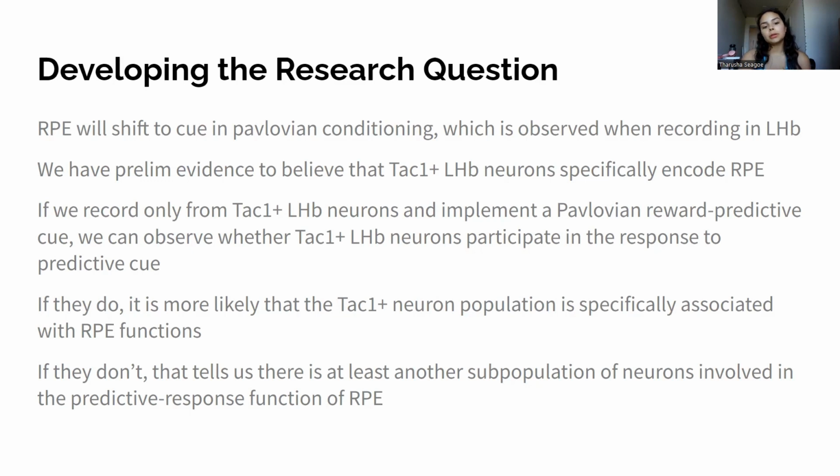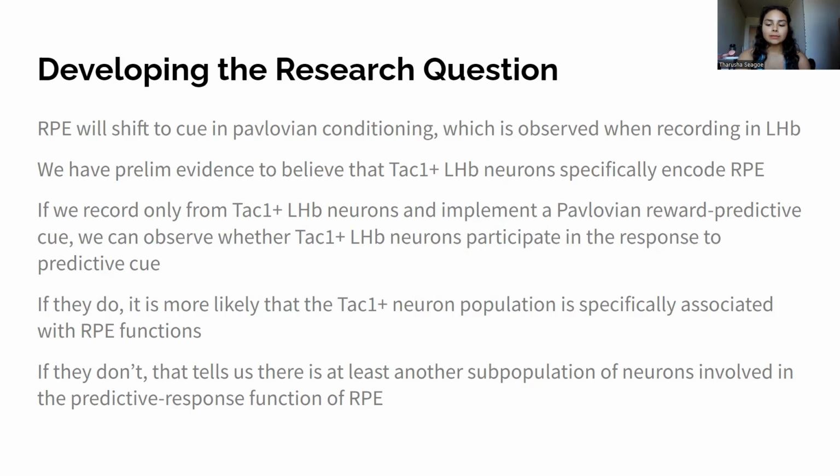So if they do, it would back up the idea that these Tac1 neurons are specifically associated with reward prediction error. But if not, it would maybe tell us that there's at least another subpopulation of neurons involved in reward prediction error that's specifically responding to this predictive cue.